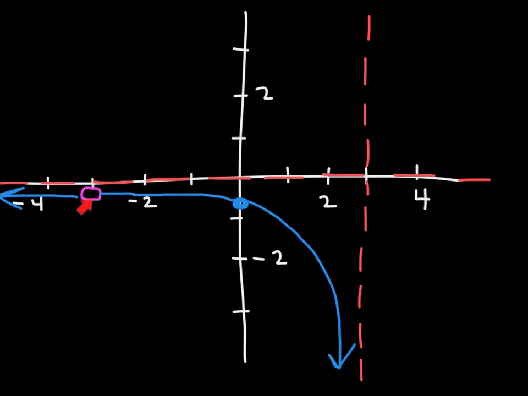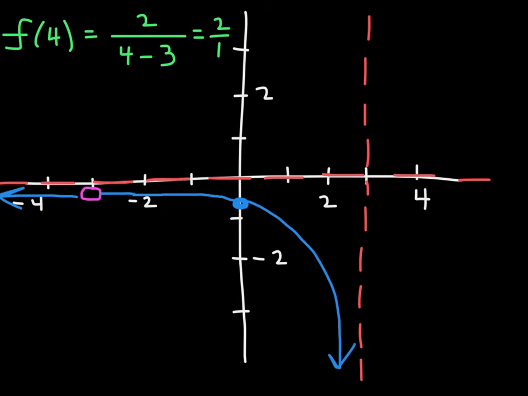Now over here, we have to determine whether the graph is positive, meaning above the x-axis, or if the graph is negative, meaning below the x-axis. So we're going to have to plug in a value that is greater than 3. So how about we do 4, okay? Plug in the number 4 into your function, and determine whether you are getting something positive or something negative.